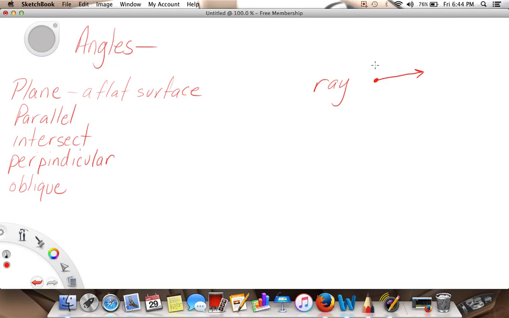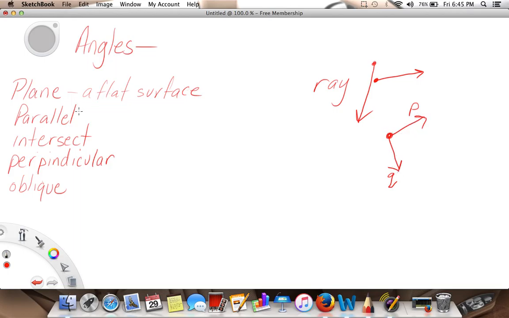So if I have a ray there, and let's just say I have a ray here, these don't intersect. But if I take this ray right here, ray P, and then I have ray Q with a common endpoint together, then now we form an angle.